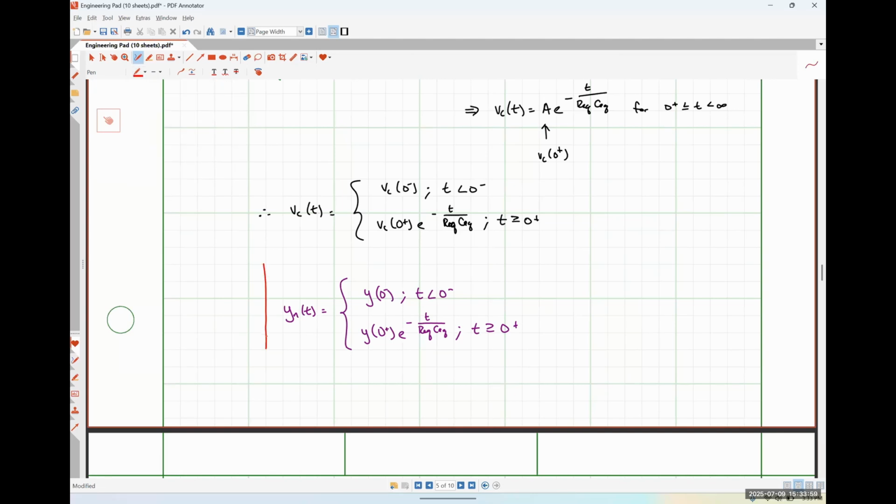And so this is our generic equation for how we're going to look at RC circuits.